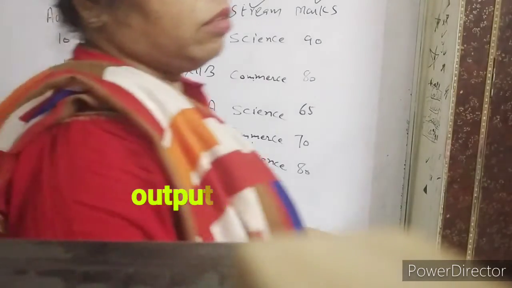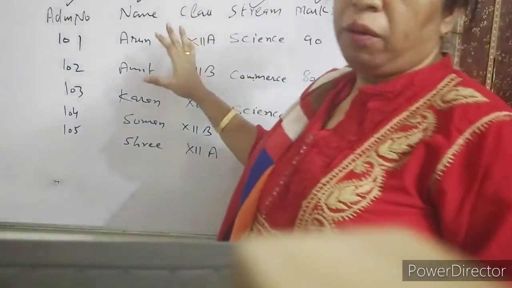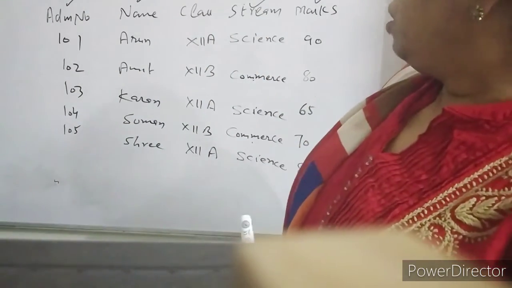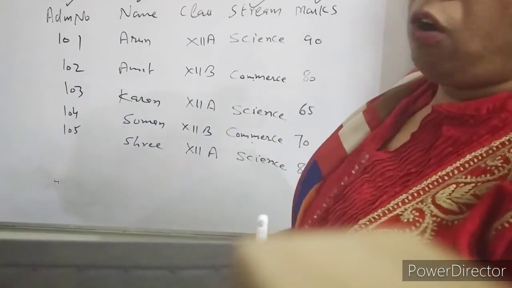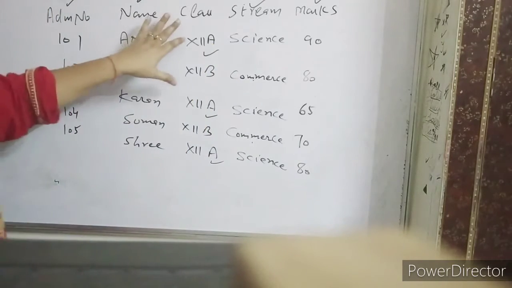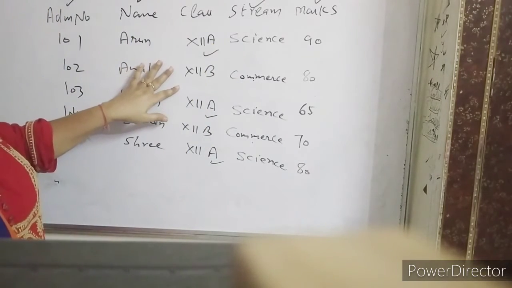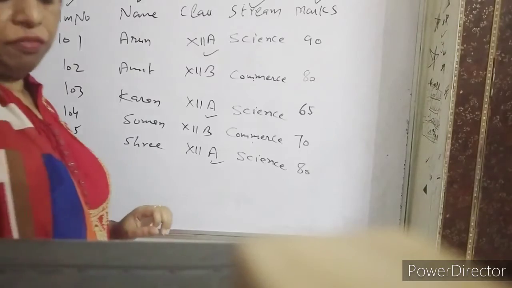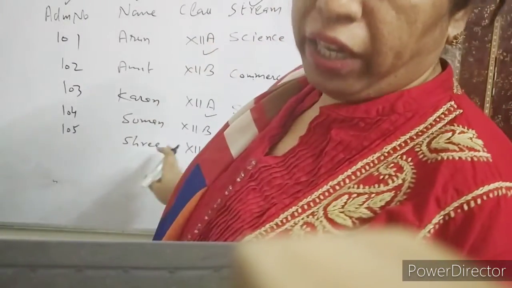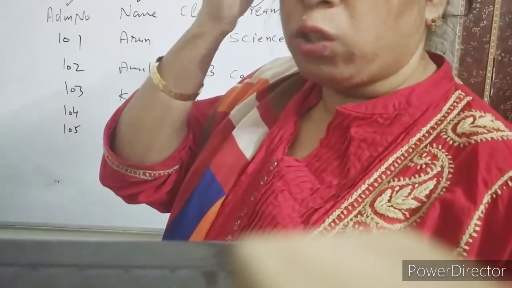Now, if I am talking about grouping, first understand what we mean by grouping here. I put a question: how many students belong to each class? I want to make two groups, one for 12th A and another for 12th B. If I want to calculate the number of students class wise, I have to make the groups class wise.